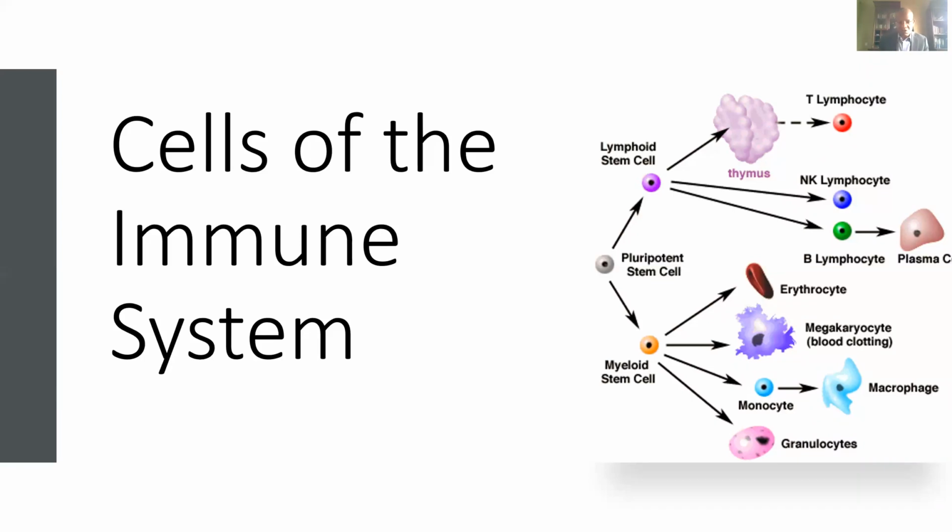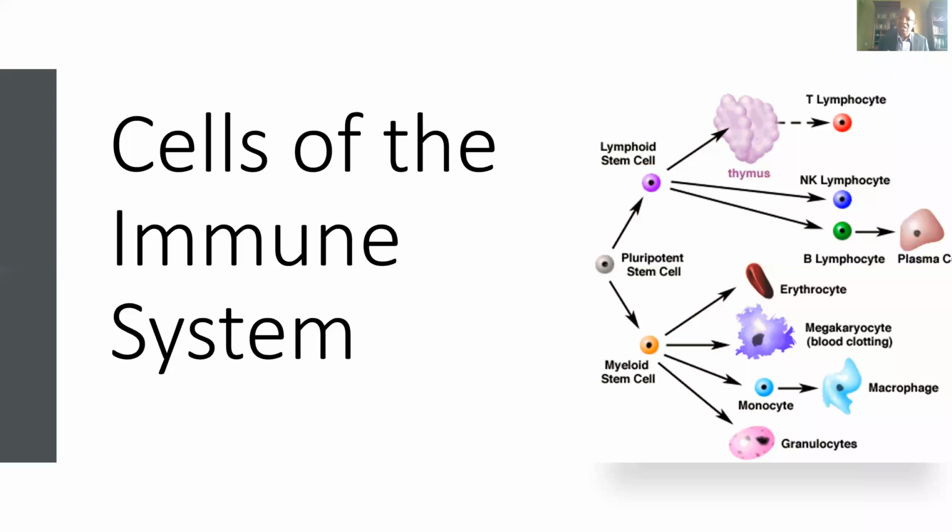In immunology and hematology, because the cells of the immune system are actually part of what you get taught in hematology, we call them hematopoietic stem cells. That tells you that there are other stem cells. So these are the cells which make blood.